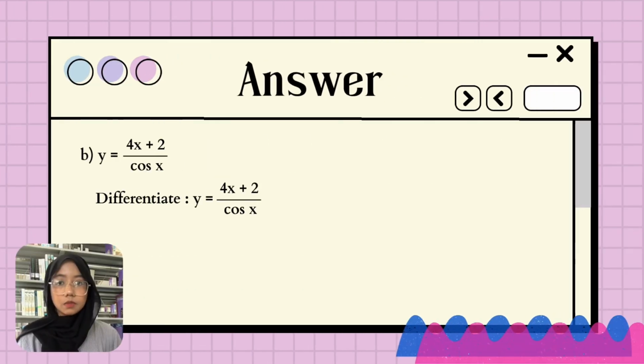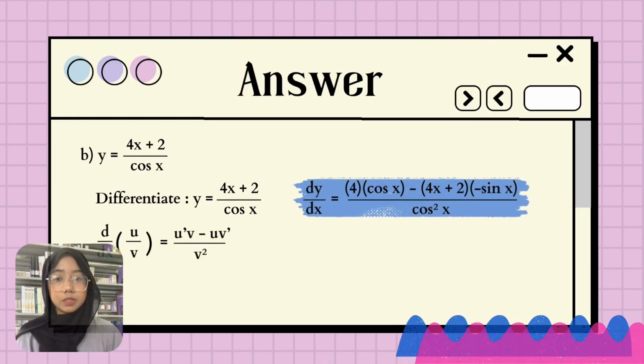In this example, we are asked to differentiate y equals (4x + 2) divided by cos x. Since this is a function in the form of quotient, a numerator over a denominator, we apply the quotient rule. Substitute into the quotient rule. dy/dx equals 4 multiplied by cos x minus (4x + 2) multiplied by negative sin x, over cos² x.